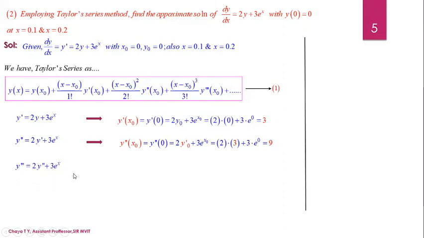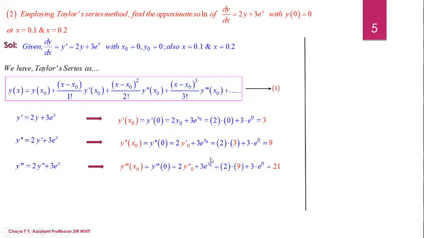Similarly, we will find the next derivative, which is the third order derivative. So what is third order derivative of y double dash? It is 2 into y double dash plus 3 into e power x. 2 into derivative of y dash gives me y double dash. So we are going to substitute x as x naught, y as y naught into this corresponding expression, which gives us the value of y triple dash at the initial condition.